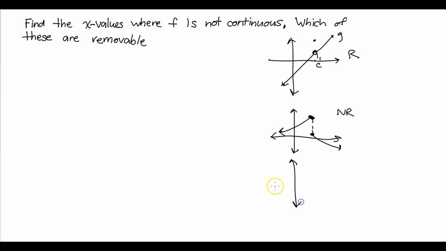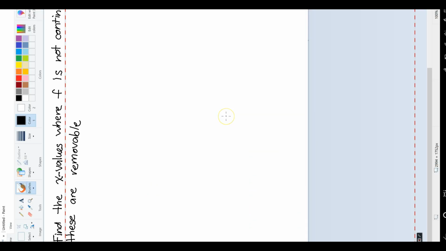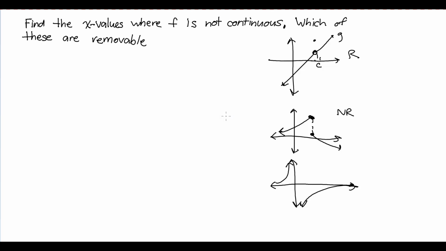Another case would be a vertical asymptote, something that approaches infinity or negative infinity, because the function will never be defined at 0. And the limit's not defined either. So that will be non-removable.